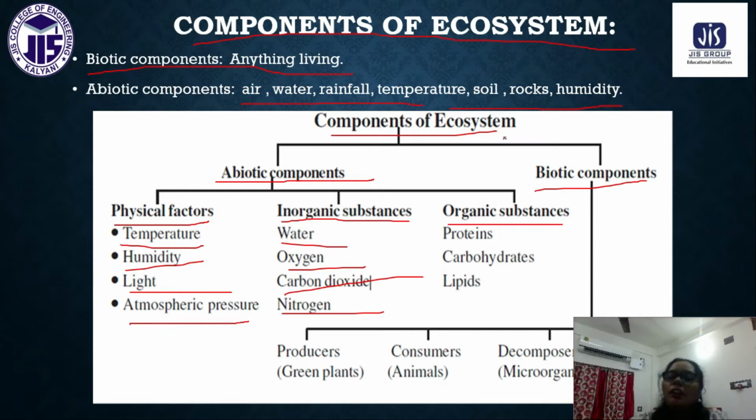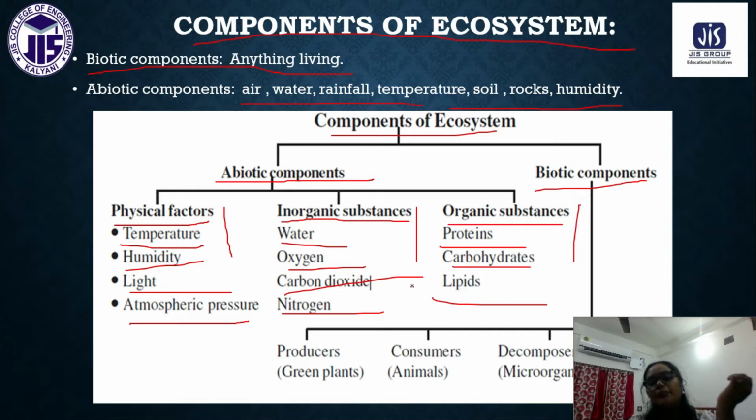Some examples are protein, carbohydrate, lipids. These are all organic substances of the abiotic components. So these are the three types of abiotic components that we have in our environment: physical factors like temperature, humidity, light, atmospheric pressure; inorganic substances like water, oxygen, carbon dioxide, nitrogen; and organic substances like protein, carbohydrate, lipids.